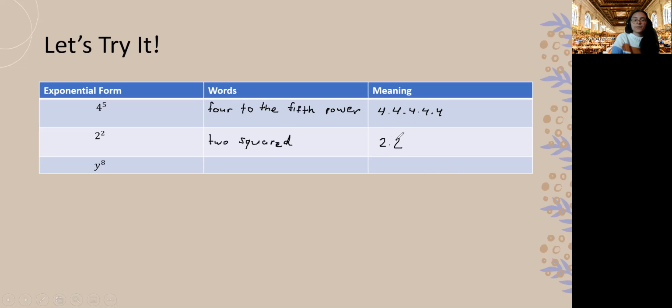So we say y to the 8th power. And what does this mean? It means we're going to multiply y, 8 factors of y. 1, 2, 3, 4, 5, 6, 7, 8. Okay? So let's go on to our next example.